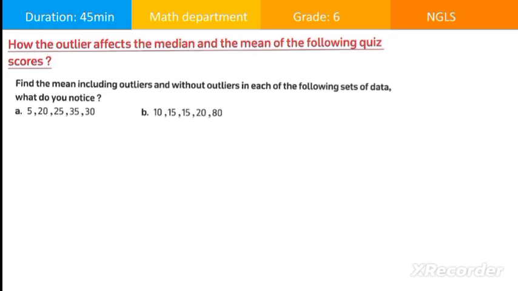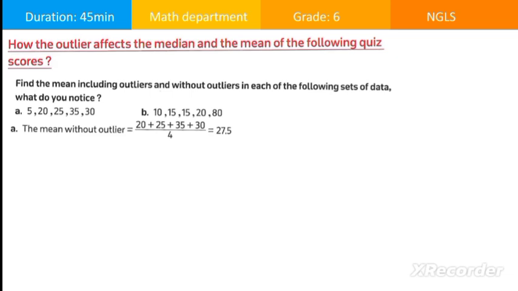The 5 is the outlier. The mean without the outlier uses 20, 25, 35 and 30: 20 plus 25 plus 35 plus 30 over 4 equals 27.5.